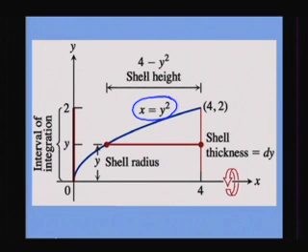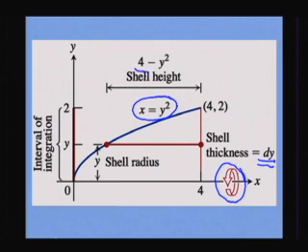And what we're going to do is revolve this around the x-axis, as you can see the arrow here. And we're going to create a cylindrical shell. The thickness is dy.